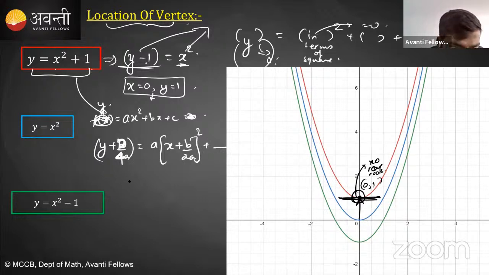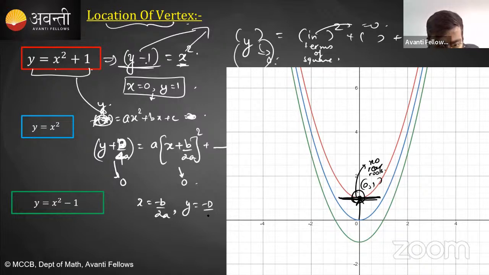So from here, when you equate to 0, you get to know x is minus b by 2a and y is minus d by 4a. So this is the vertex.